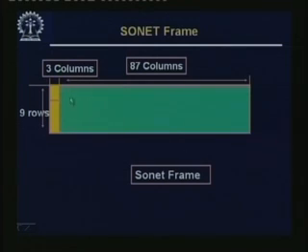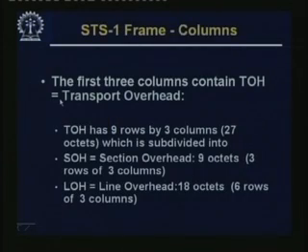If you remember, the envelope contains the payload as well as a little bit of overhead, which we will come to later on. So, after every 90 bytes, we come back to another 3 bytes of overhead. This is how it is to be understood.